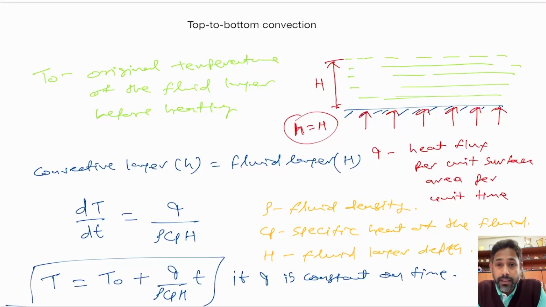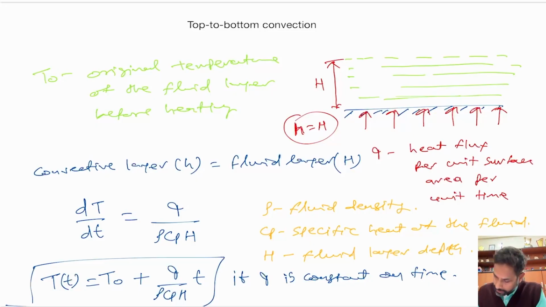Okay, so this equation is very simple. If you know what is the heat flux you are giving, and if you know the original temperature, you should be easily able to find out the rate of change of fluid temperature with time. And here this can be considered as capital T as a function of time, where capital T is the temperature and small t is the time.